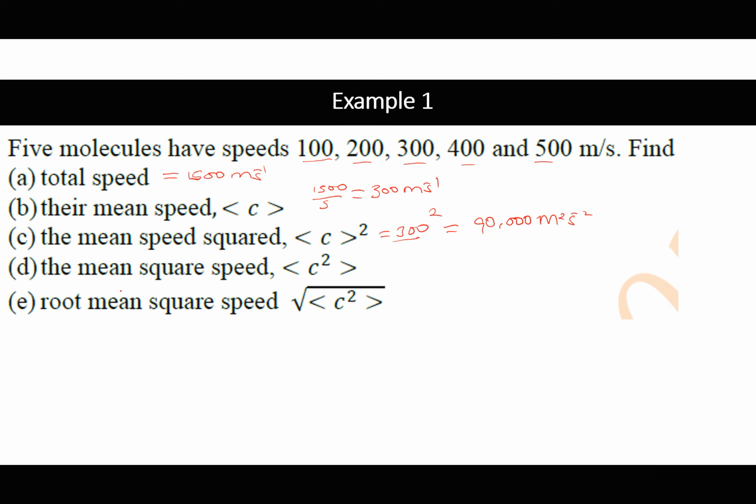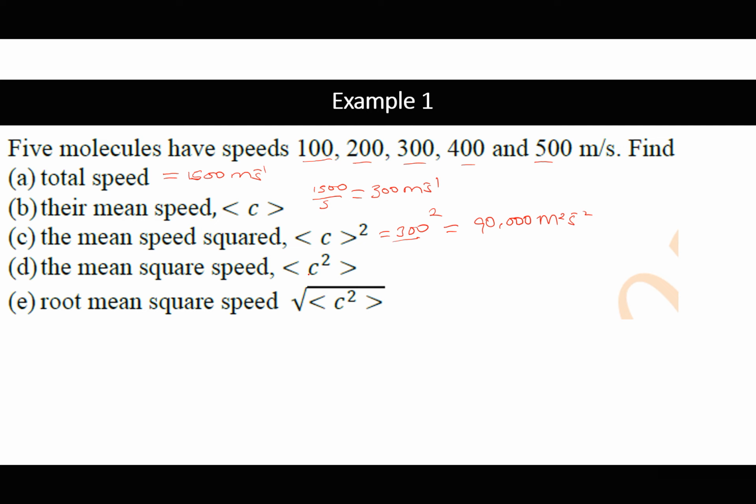Now, what is interesting is the one we need here in part D. The mean square speed is different from the mean speed squared. The mean square speed means we first need the sum of the squares of the speeds.